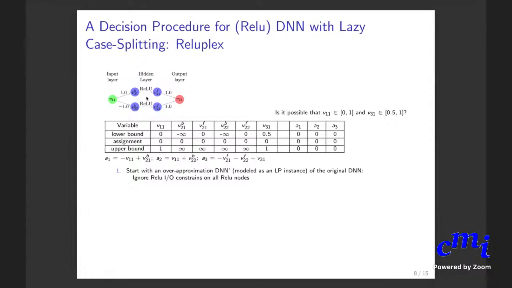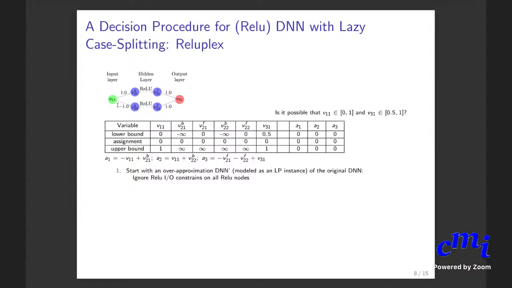If you assume that these forward and backward variables connecting ReLU are free variables that have no relationship between each other, then you could just express them as linear constraints, okay? And that's what I'm showing here in a tabular form, okay?